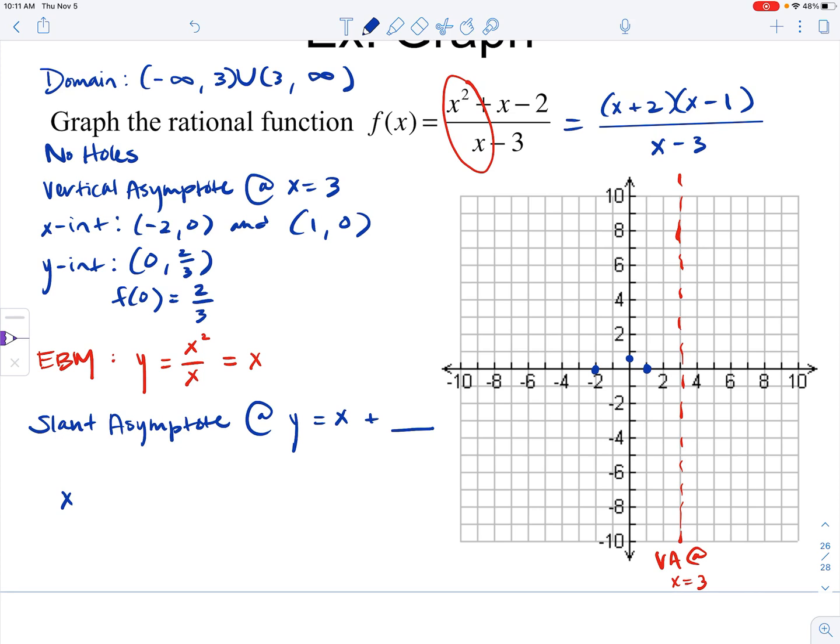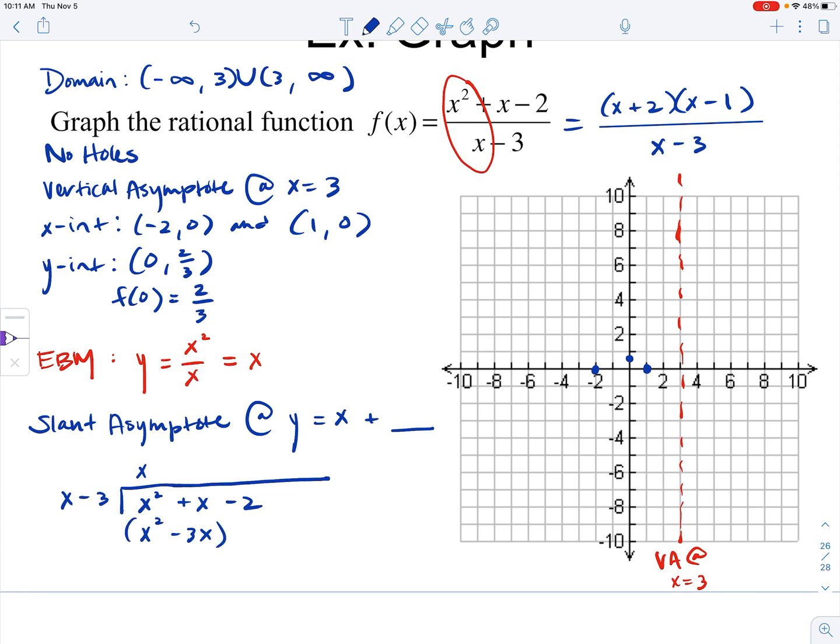So when we do the polynomial long division, or actually because we are dividing by x minus 3, you could use synthetic division, but I'm going to use the long division just for practice. No placeholders needed here. So x times x would give us that x squared.